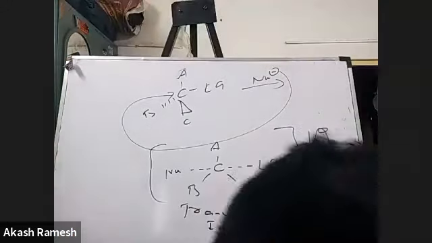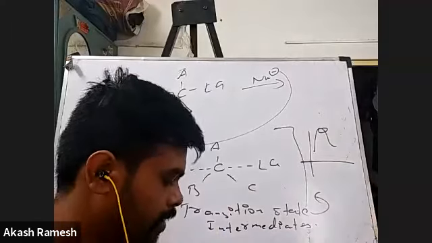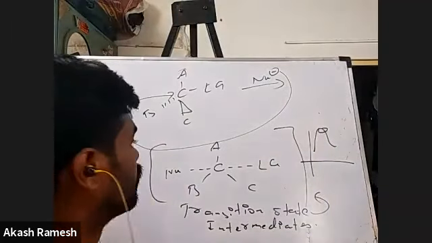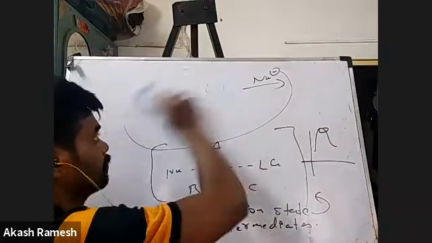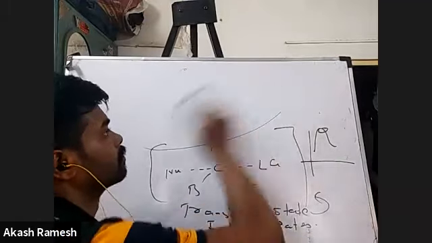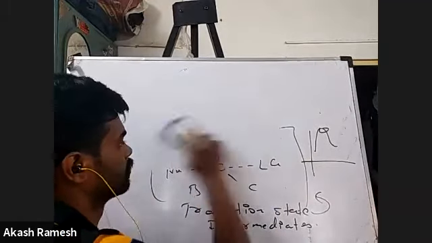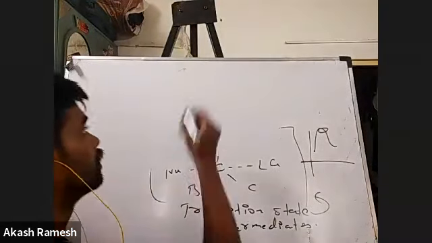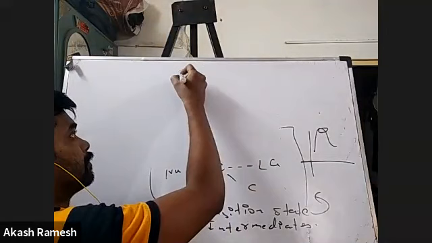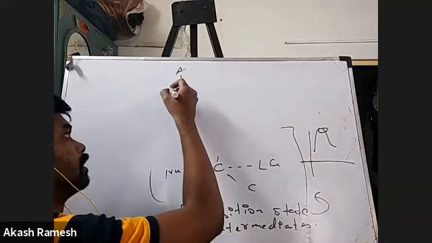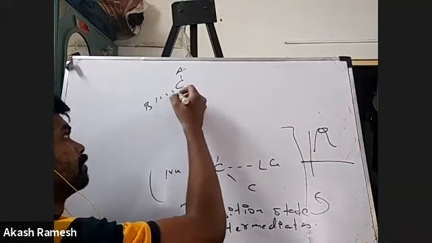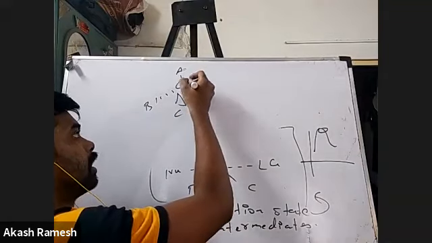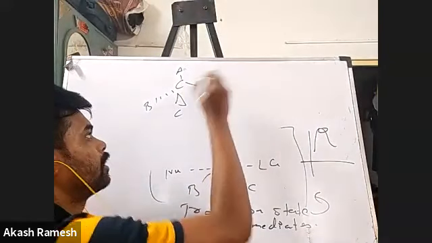So hope you remember what happens in SN1. There are two steps. Here I have some A, some B, some C, and I have my leaving group.